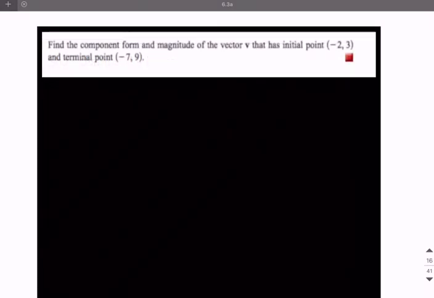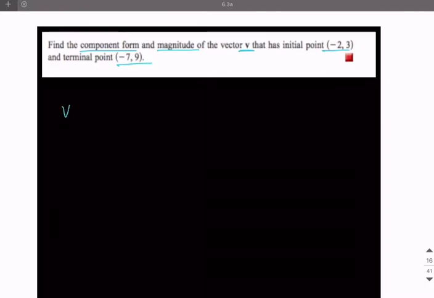So here we're looking to find the component form and the magnitude of vector v that has initial point (-2, 3) and terminal point (-7, 9). So again, we always use terminal minus initial, final minus initial.